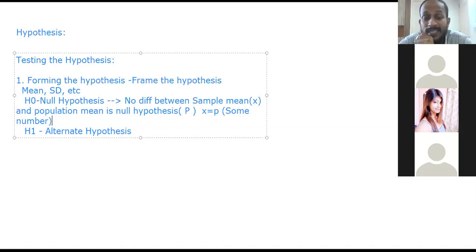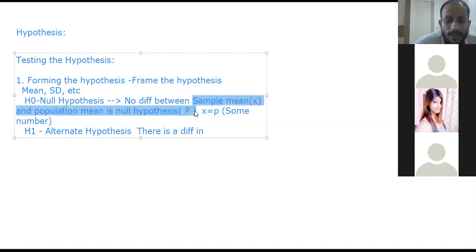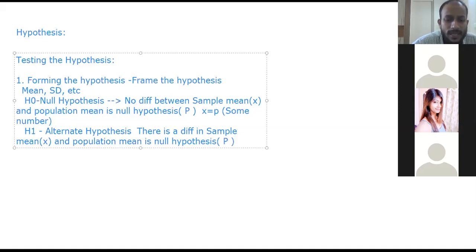That means I can't say that there is no difference, but rather I would say there is a difference in sample mean and population mean. That means x bar is not equal to p.